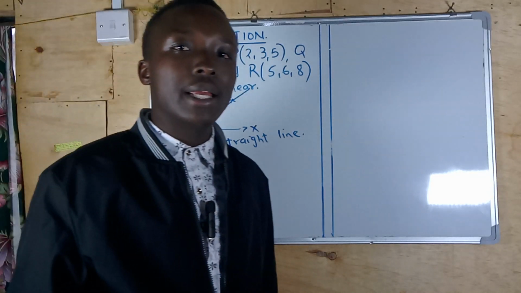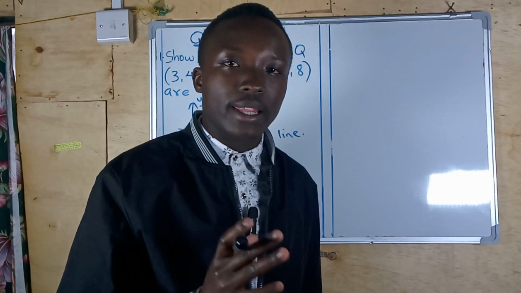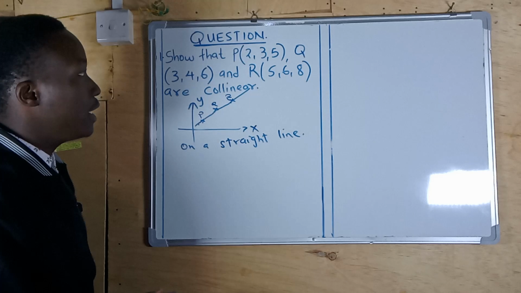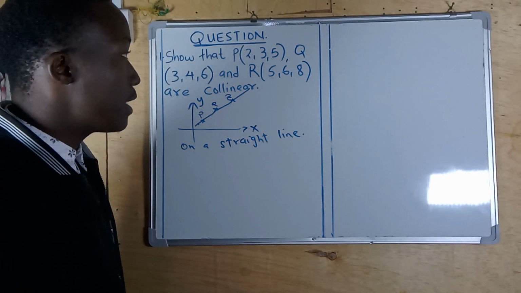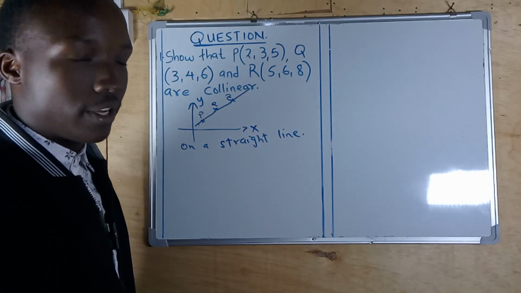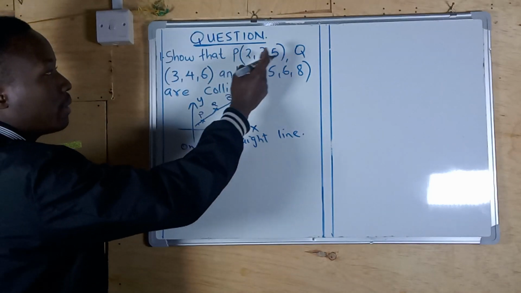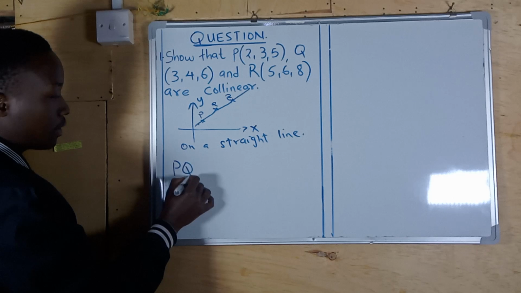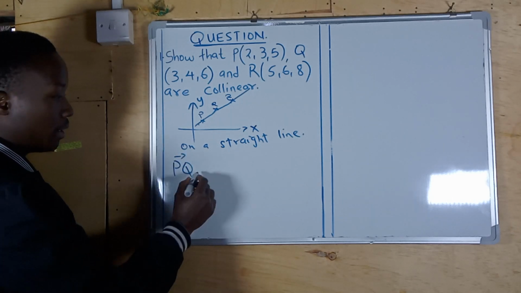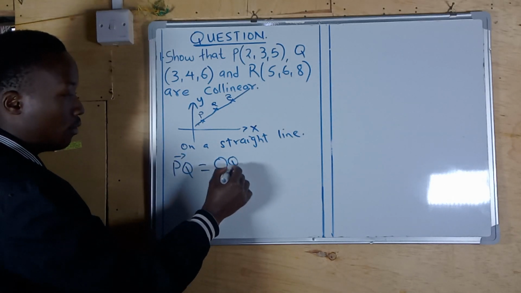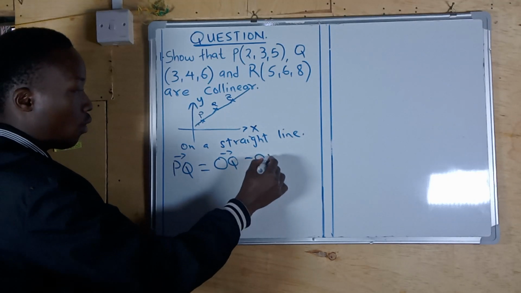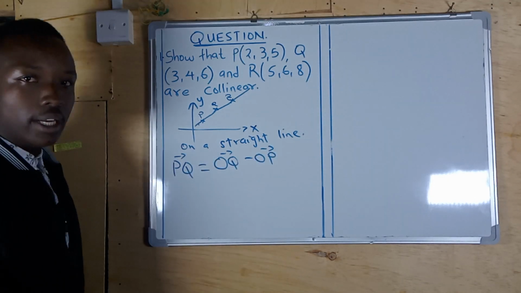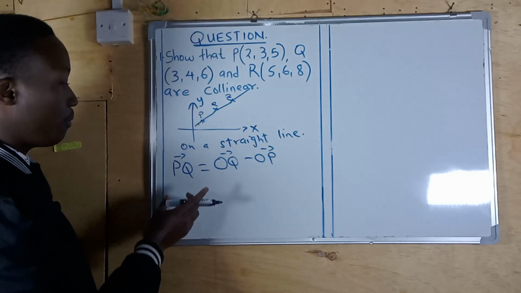So for us to determine whether the 3 points are collinear, we need to find the position vectors of at least 2 vectors. We can decide to find the position vector of PQ. The position vector of PQ is equal to OQ minus OP. That is how we determine the position vector of PQ.